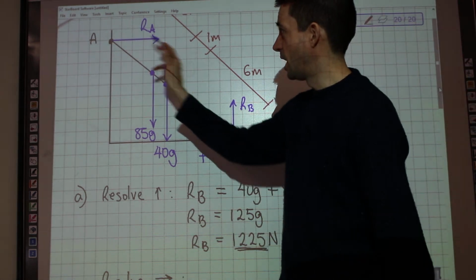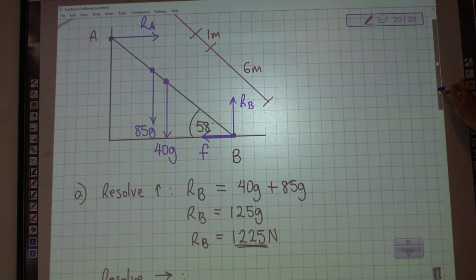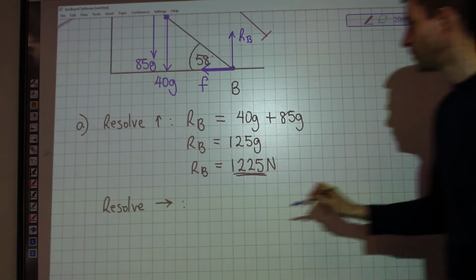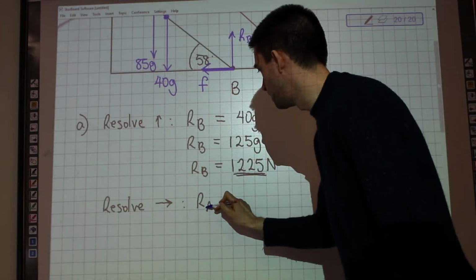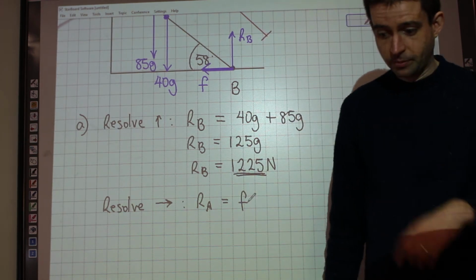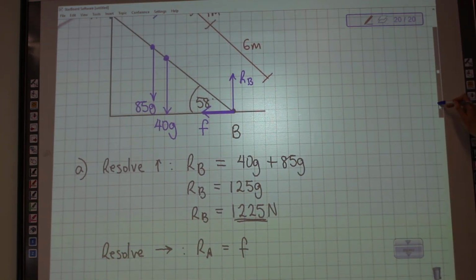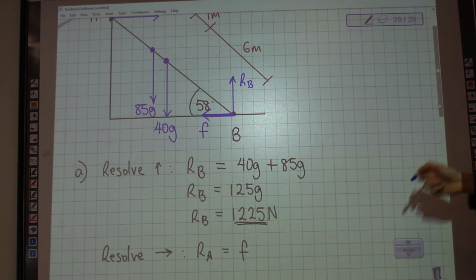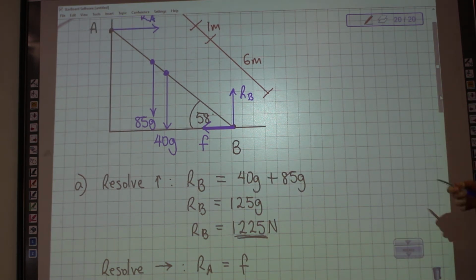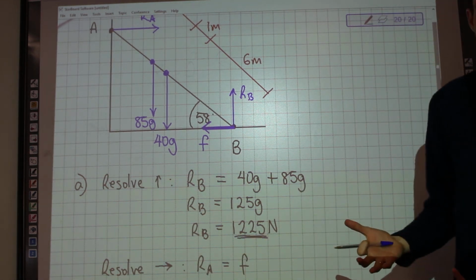I've got the reaction at A that's going to the right, and I've got the frictional force that's going to the left. And what that tells me is that the reaction at A must be equal to the frictional force. At the moment, that isn't enough information to find out what friction is as a number, as a value. So I know it's equal to the reaction at A, but I don't know what it is yet.